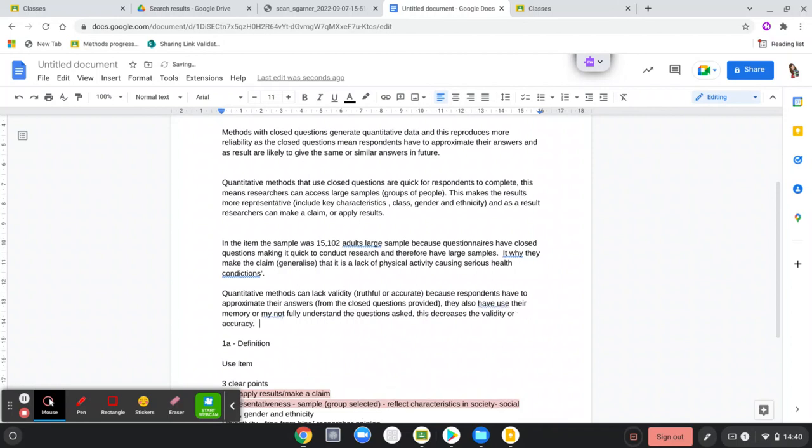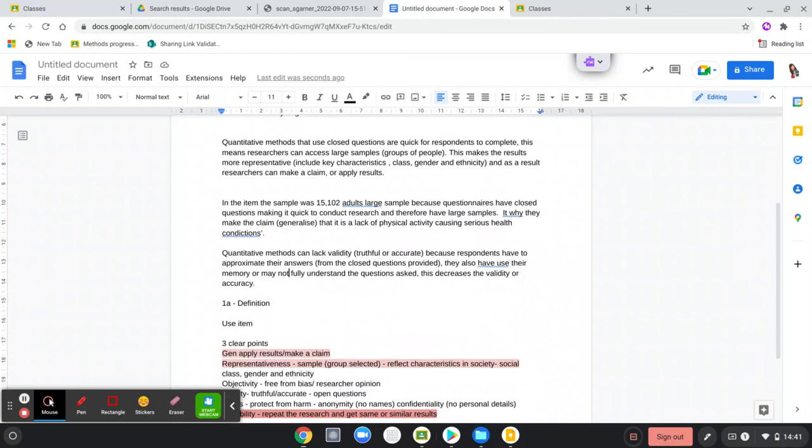So I have to approximate, I have to say it's good. I have to use my memory to remind myself. And I might have not really understood the question. When you said physical activity, I might have thought you meant the gym. I didn't think you meant walking for 2 hours every day. You need to clarify what you mean. And there's no one there for me to ask.